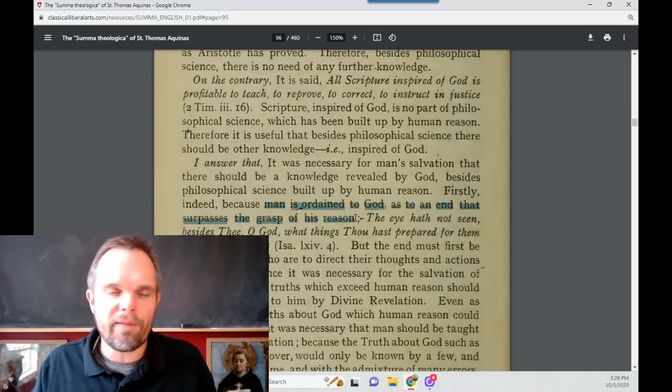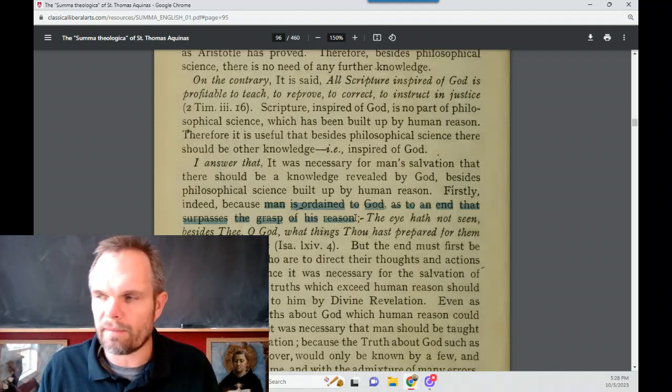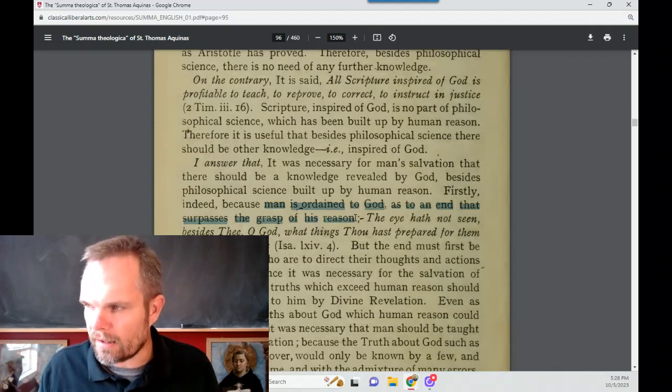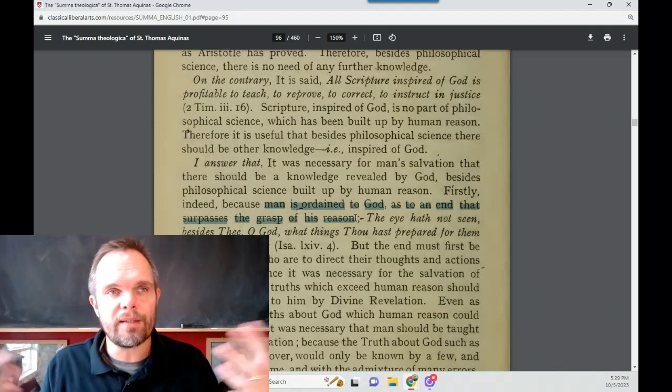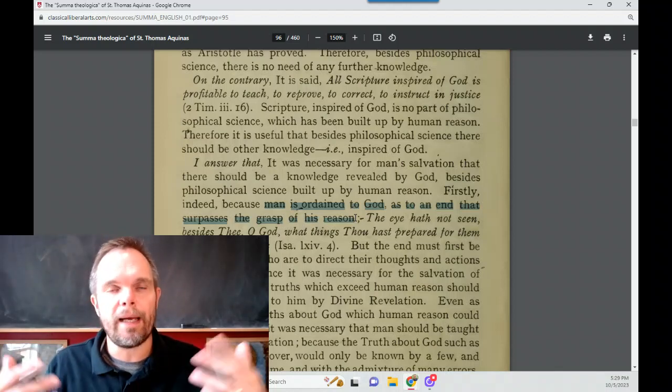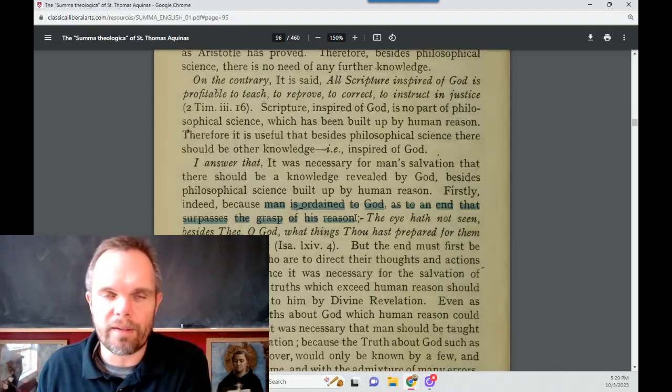So there we have one of these starting premises where the answer comes from through deductive reasoning. Man is ordained to God as to an end that surpasses the grasp of his reason. And therefore, because this end of man surpasses the grasp of his reason, philosophy is not sufficient.